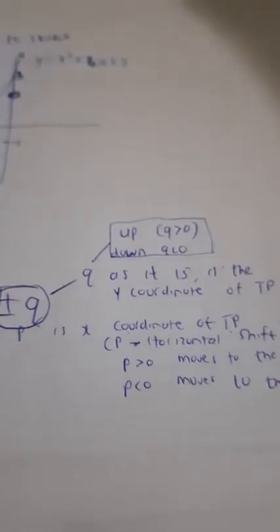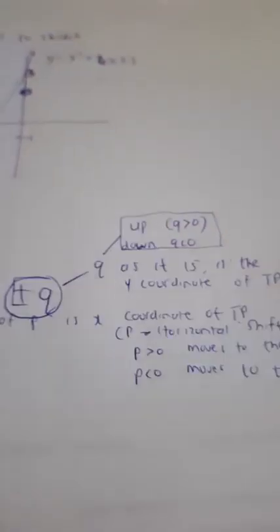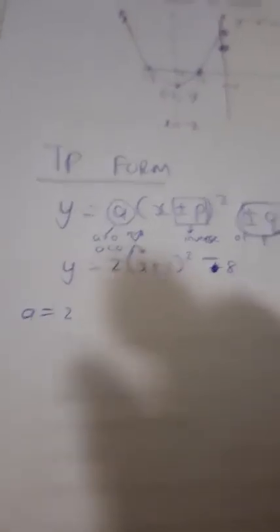When that value is positive, we are talking about a shift up, but when it is negative, it's a shift down. But this one, p, is counterintuitive. Let's not forget that. I don't know if there are any questions, please do ask.